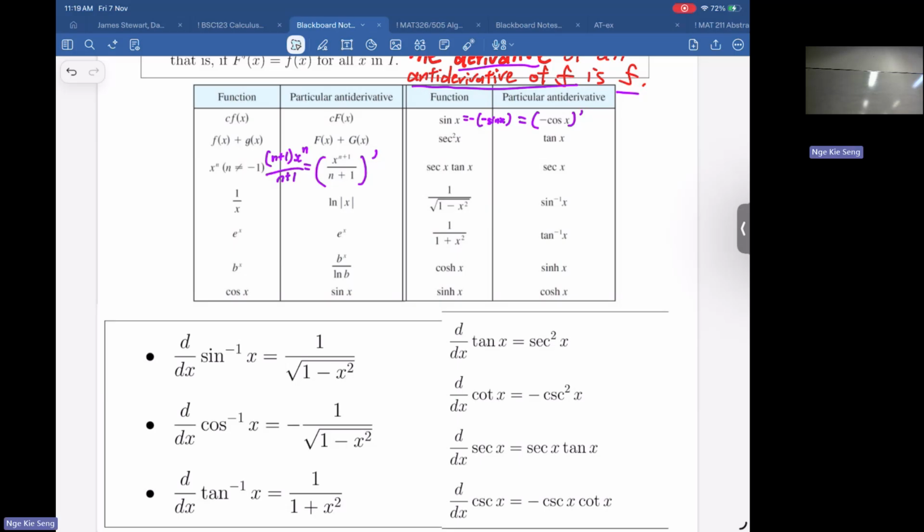So you can see that everything inside the derivative is called the antiderivative of your function.